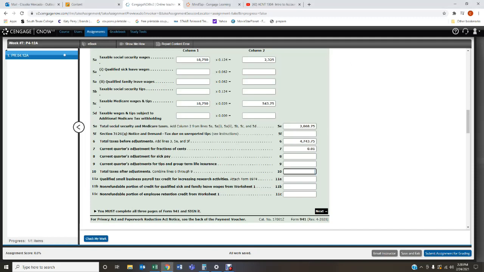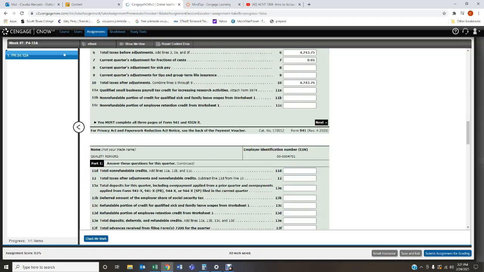So that goes on line number 10. Line number 11, qualified small business payroll tax credit does not apply. Non-refundable portion of credit for qualified sick leave does not apply. And non-refundable portion of employer retention, none of these apply to what we're doing right now.